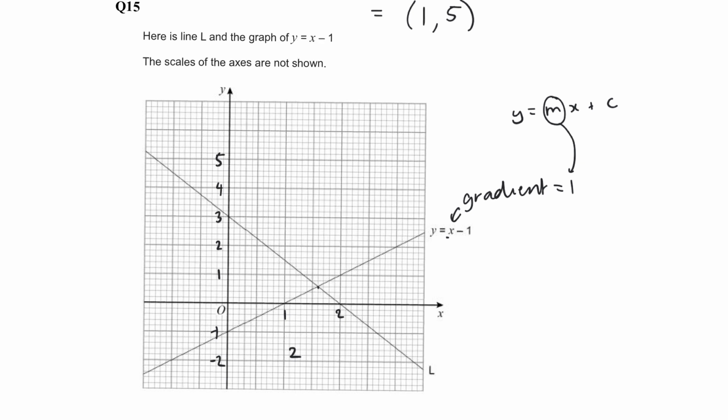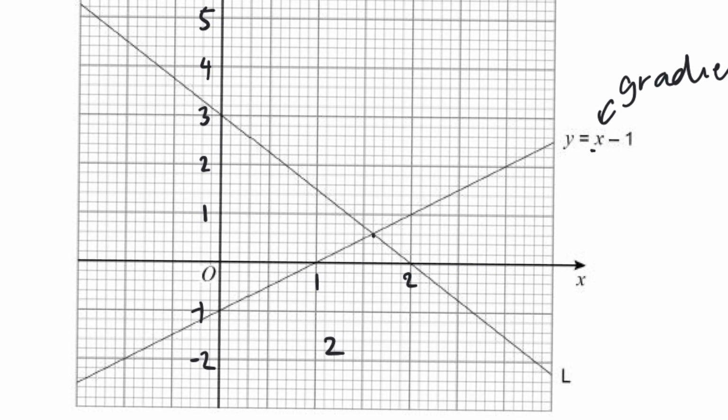So now if I zoom in, based on the scales that I've drawn, this would be 1.5, which means here would be 1.6, and this would be 0.6. And because the equation is y equals x minus 1, that means that when y is 0.6, x is 1.6 minus 1, and we know 1.6 minus 1 is 0.6. So these scales must be correct.